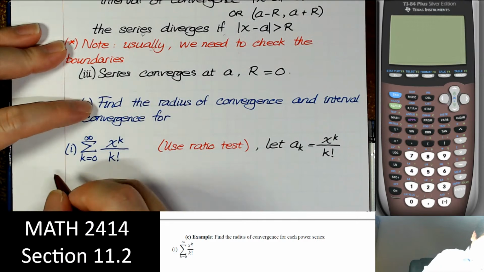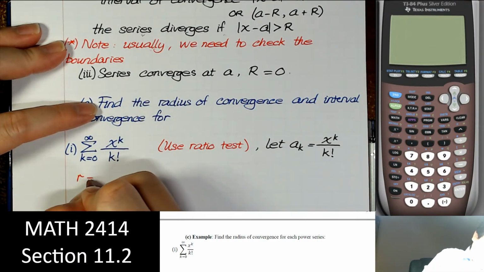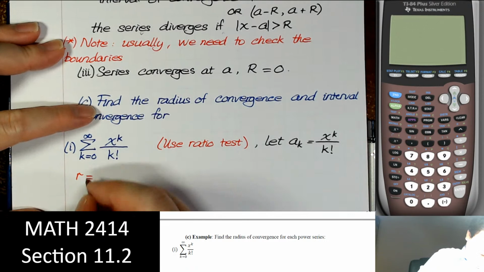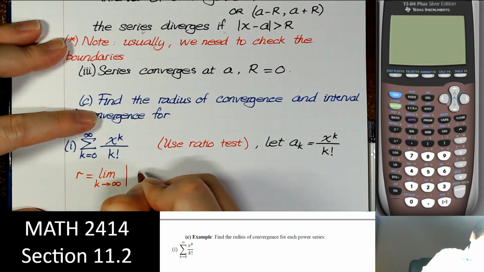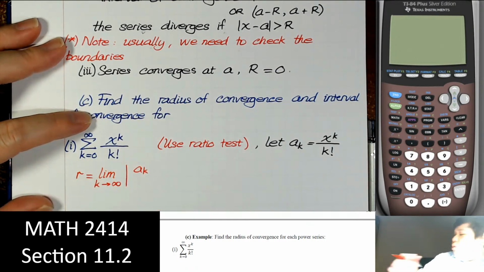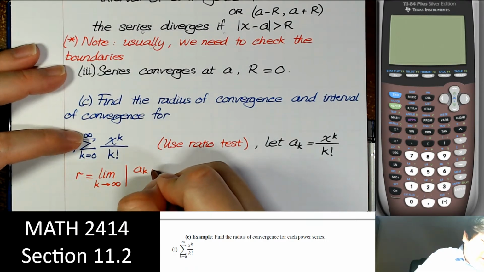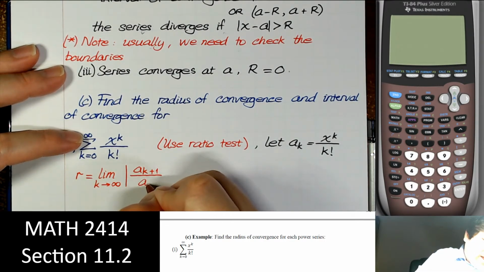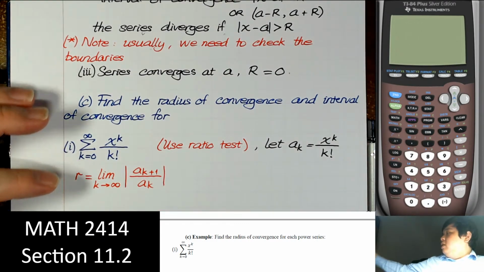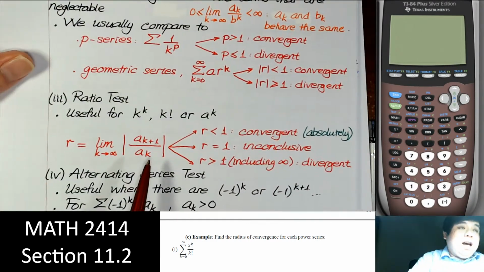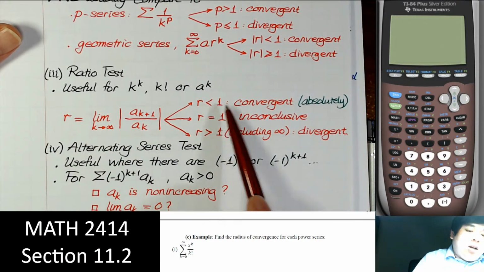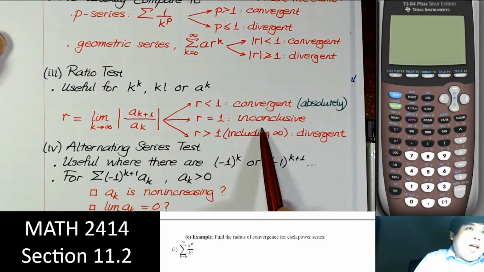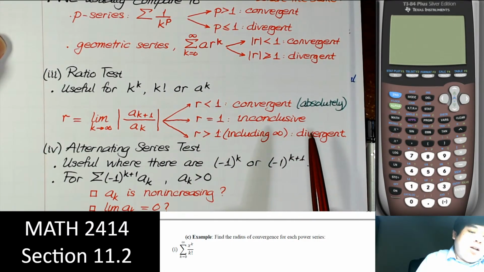The ratio test is we will let r equal the limit as k goes to infinity of the absolute value of a of k plus 1 over a of k, right? So that is the ratio. If that is less than 1, convergent; equal to 1, inconclusive; greater than 1, divergent.